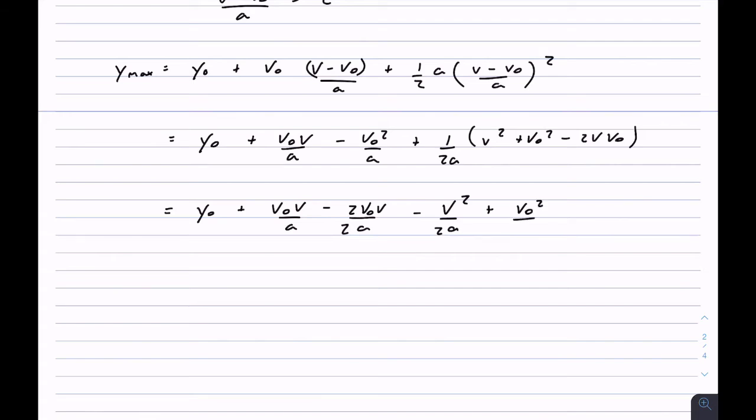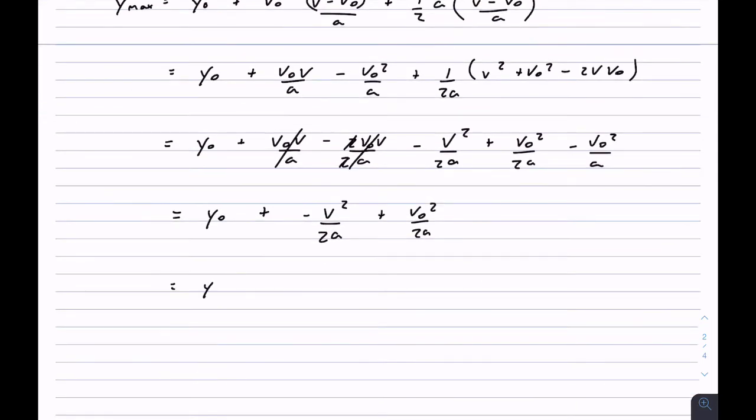Minus v naught squared over a. All right, so now we have y naught plus. These terms go away, and we're just left with these other two terms over 2a plus this 1/2, so then we just have plus v naught squared over 2a.